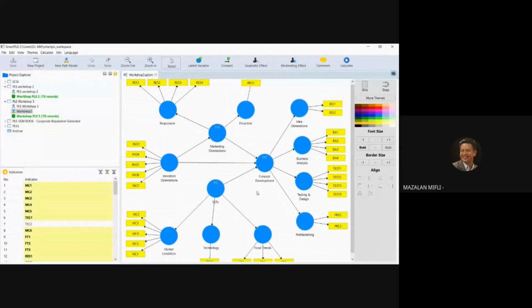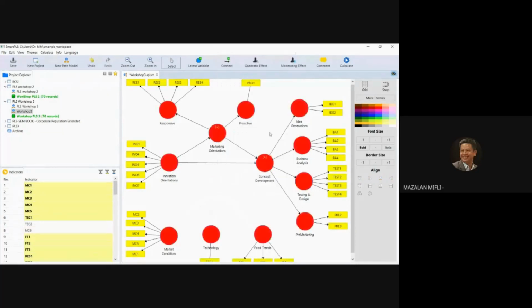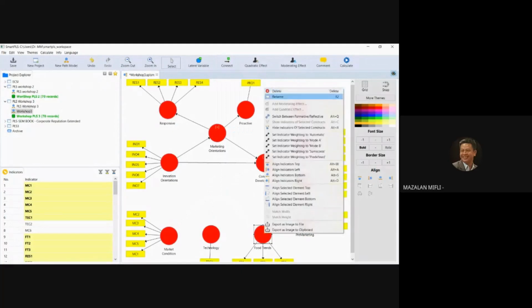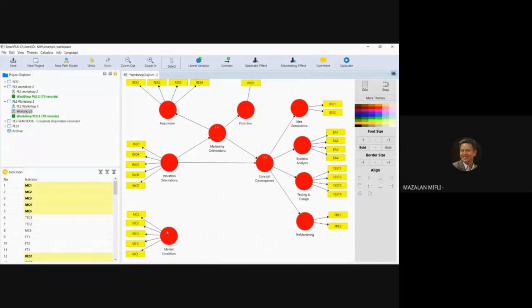Now you're going to run the mediation analysis. You keep the market orientation, but you throw away the environmental moderators. Let's get rid of this, and then there's another one, and the last one.